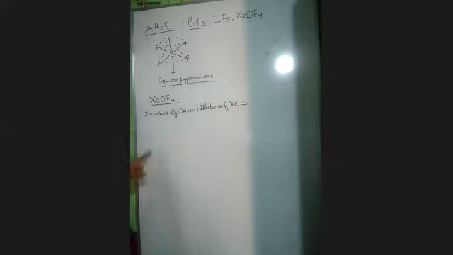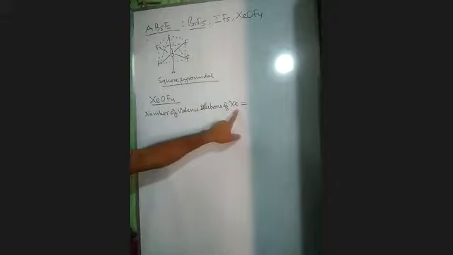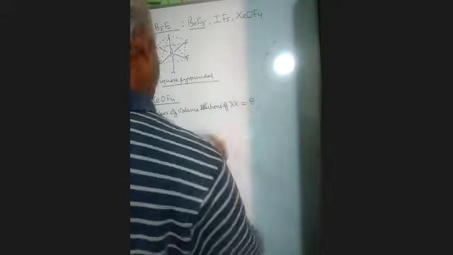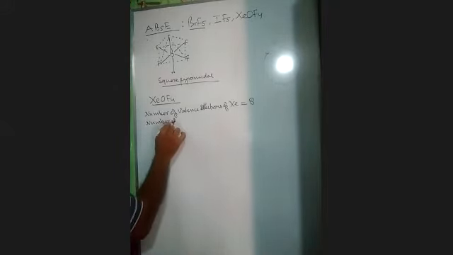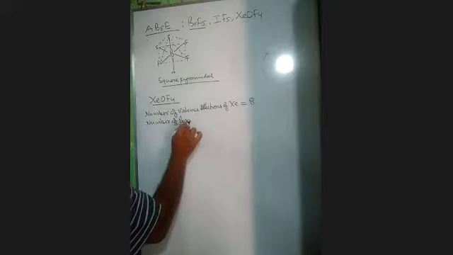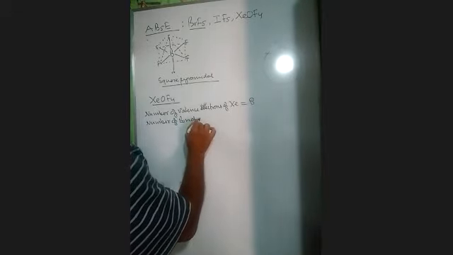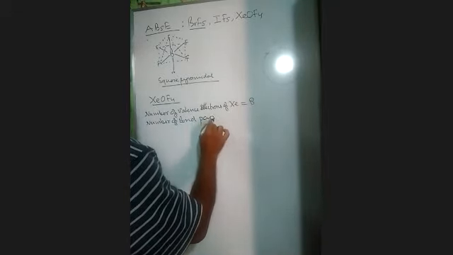See, xenon is a noble gas. The number of valence electrons is 8. Number of bond pairs, you need not worry. Just count the number of atoms bonded: 4 plus 1, 5.